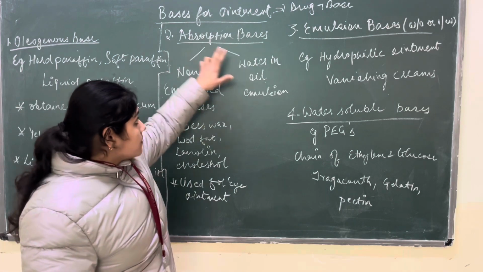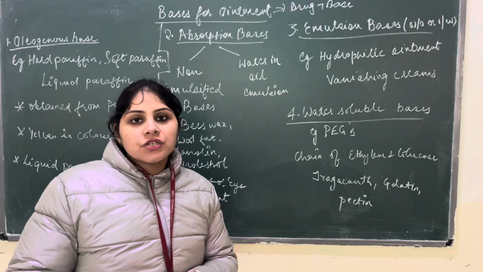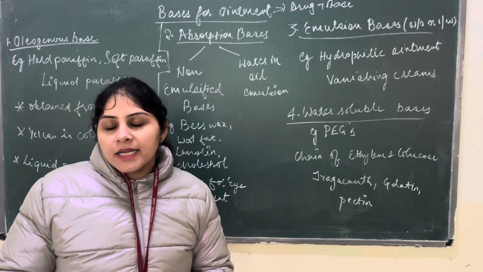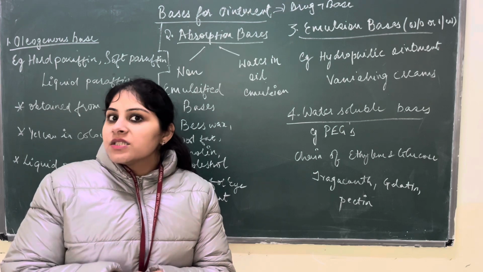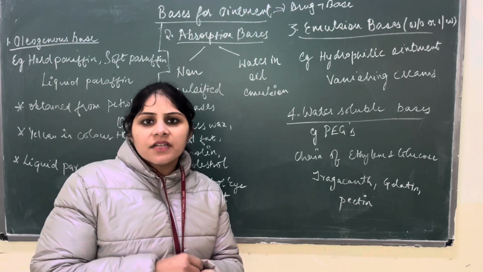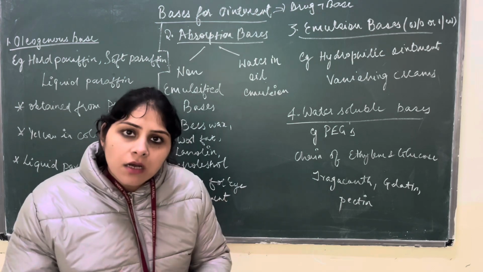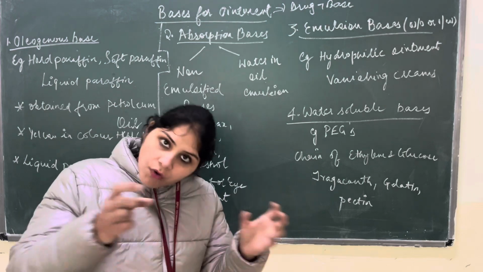Next come the absorption bases. Absorption bases are the bases which absorb at least 50% of water. So if we use an absorption base, it can to some extent dehydrate our skin, because it absorbs most of the water from the body and from the formulation also.